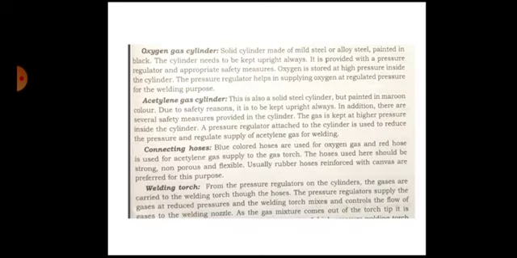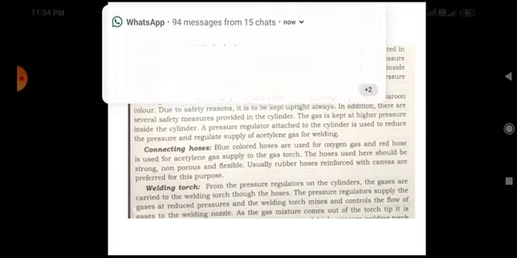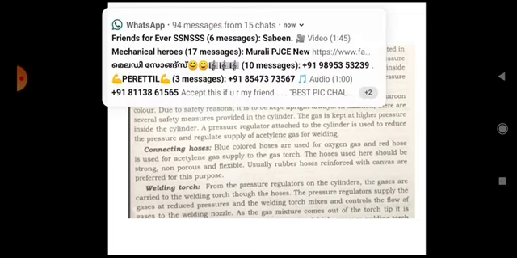First of all, the oxygen gas cylinder. It is a solid cylinder made of mild steel or alloy steel, painted in black. The cylinder should always be kept upright.